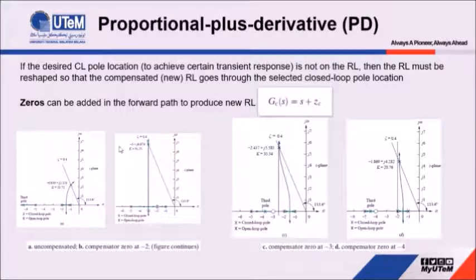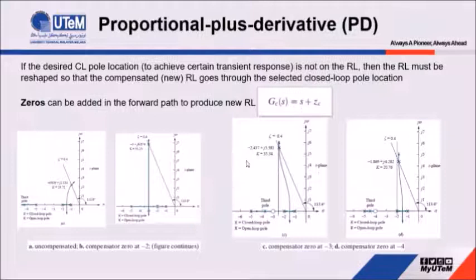In order to design this PD controller, we just add one zero to the root locus of the uncompensated system, which represents the transfer function Tc(s) equal to s plus zc. As you can see here, when we put this zero here, the root locus will reshape like this.